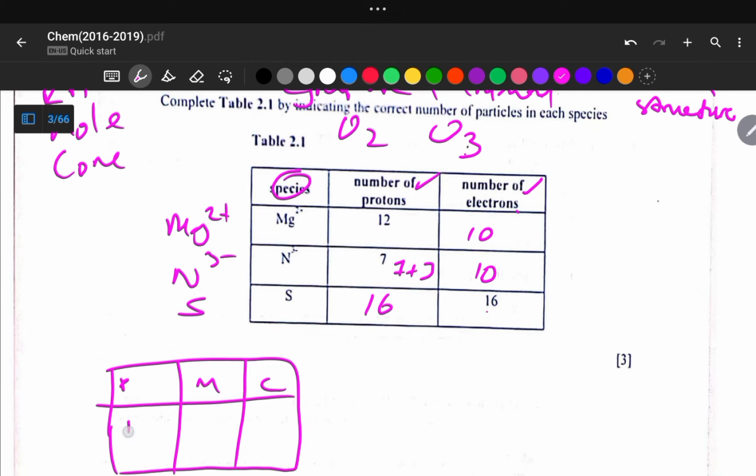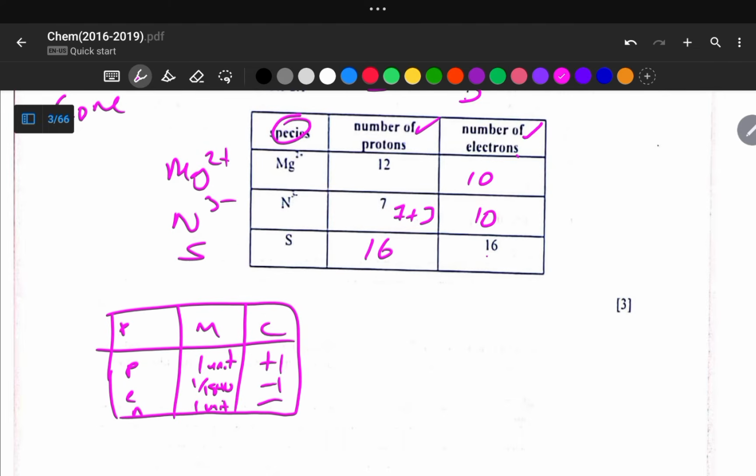A proton has a mass of 1 unit with a charge of +1, an electron has a mass of 1/1840 with a charge of -1, and a neutron has a mass of 1 unit and doesn't have any charge. You should know that, right? This table is often examined, so you should know it by heart, and also know the deflection table.